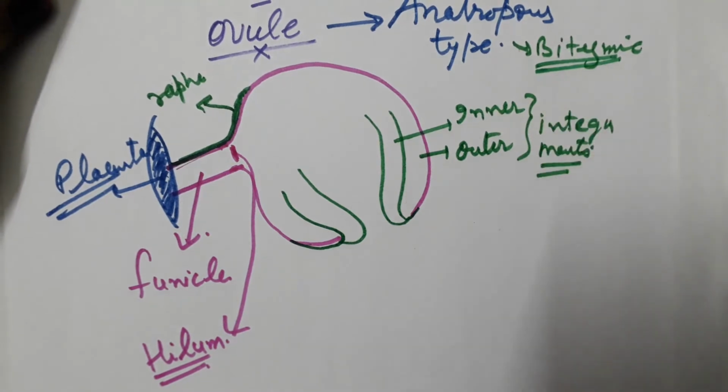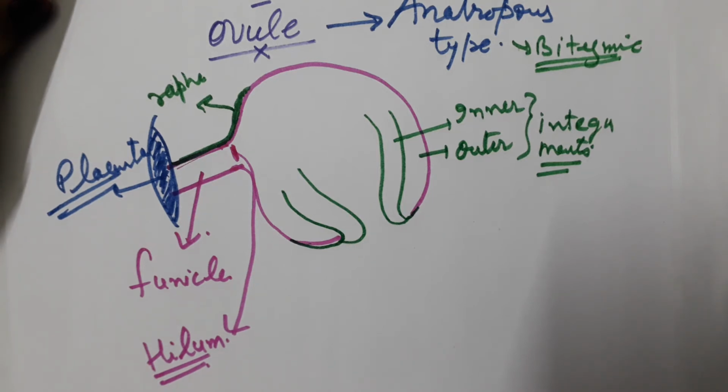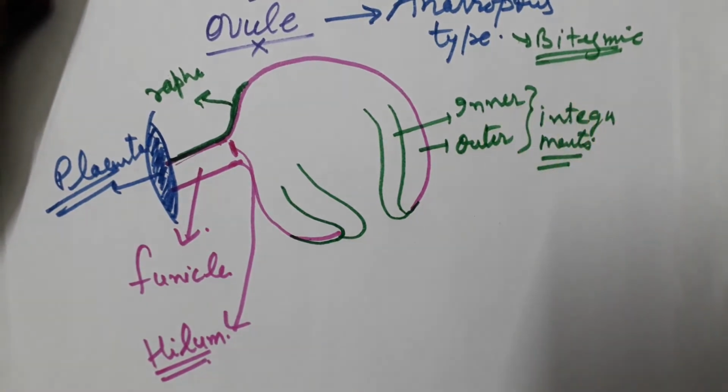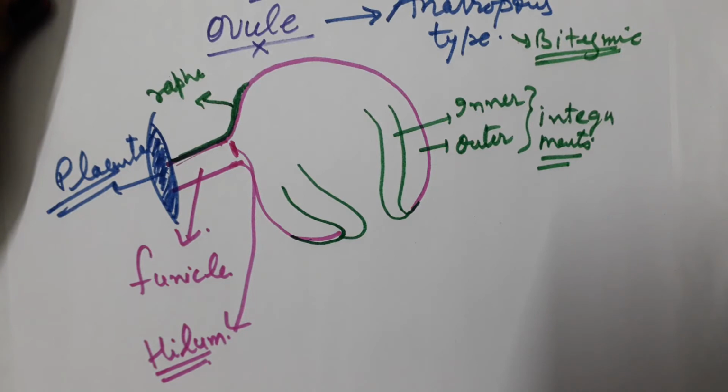Bitegmic means two integuments are present. But in case of gymnosperms, a single integument is there and the condition is known as unitegmic ovule.